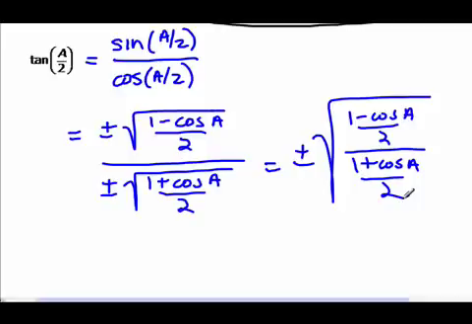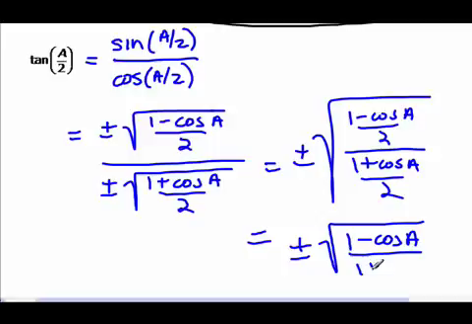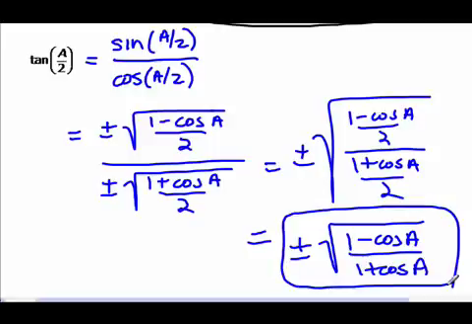So imagine flipping the second fraction and multiplying. Your 2's are going to cancel out, and you're left with plus or minus the square root of 1 minus cosine a over 1 plus cosine a. So there is one of your derivations for tangent of a half angle.